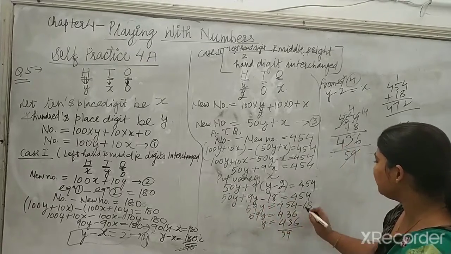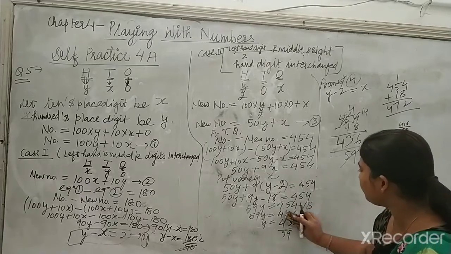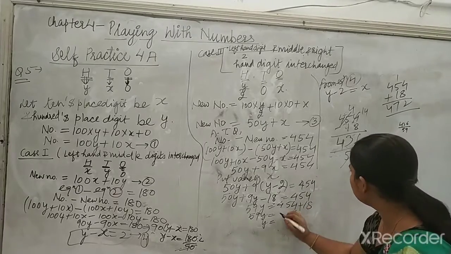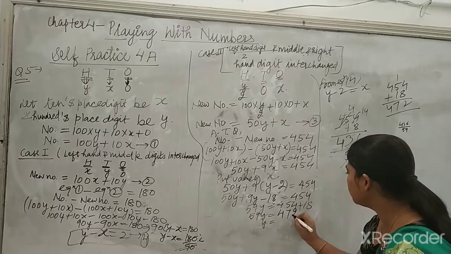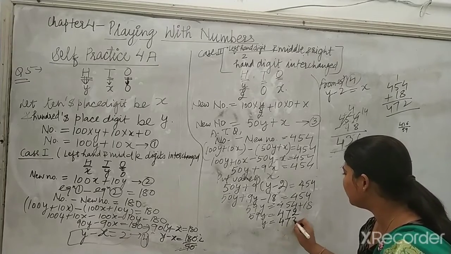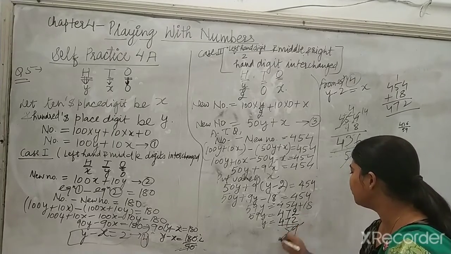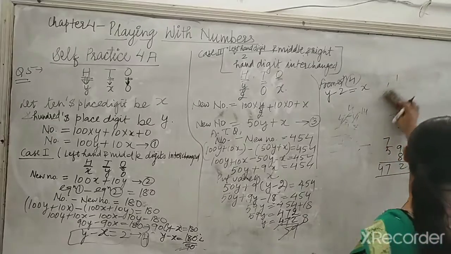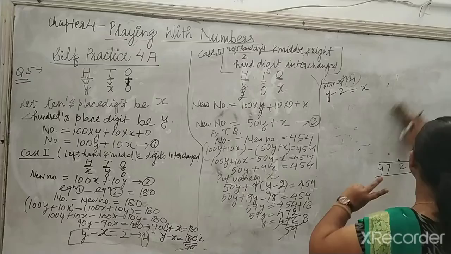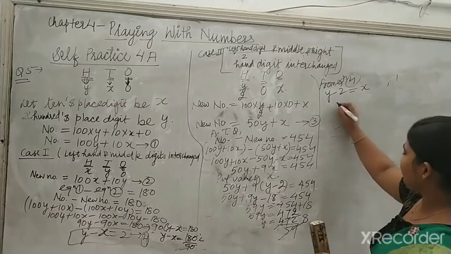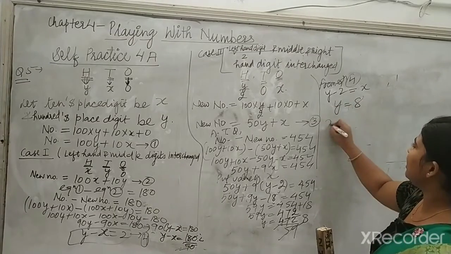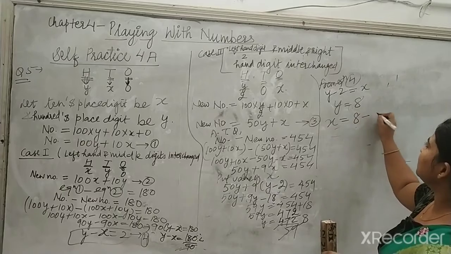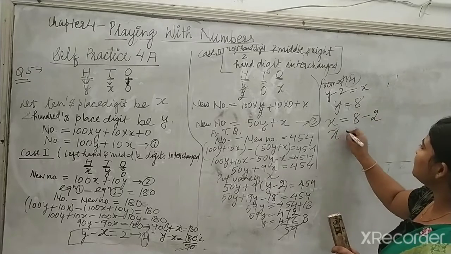Okay, so this 18 will come this side. It will be your 472. So the value of y is 472 upon 59, and if you cut it, it will come 8. So the value of y you have got. What is the value of y? The value of y is 8. So the value of x will be 8 minus 2, that is 6.